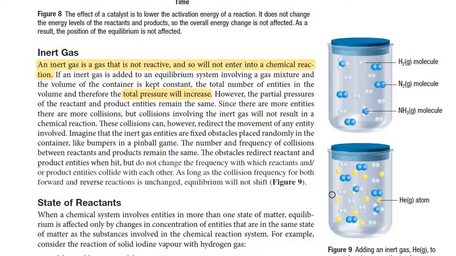The number and frequency of collisions between reactants and products remain the same, and the obstacles redirect reactant and product entities when hit, but do not change the frequency with which they collide with each other. As long as the collision frequency for both forward and reverse reaction is unchanged, equilibrium will not change.